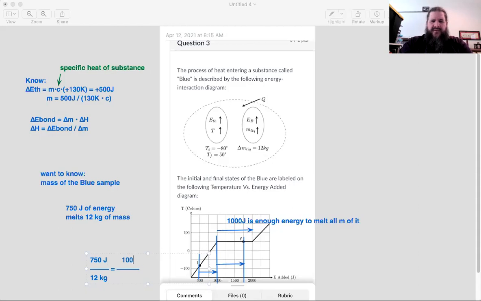Melting all of it costs 1,000 joules, and that would melt the entire mass M. So the energy required to melt only 12 kilograms divided by 12 kilograms should equal the energy required to melt the whole thing divided by the whole thing. And that's now an equation we can solve for M. It's a proportionality. And how would you solve that proportionality?